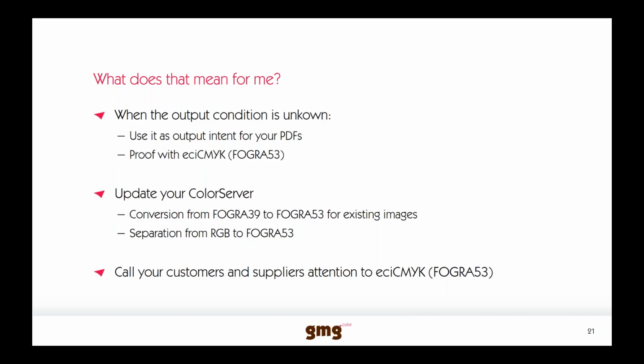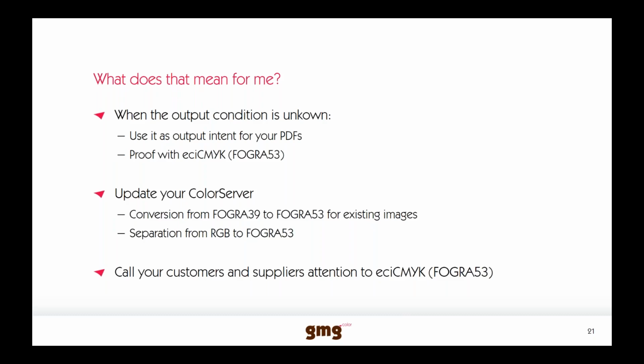So you cannot tag a PDF containing FOGRA39, for instance, with FOGRA53. The images have to be converted first. You can create a proof in FOGRA53 when the output condition is unknown, so at least you have something you can talk to with your customer.